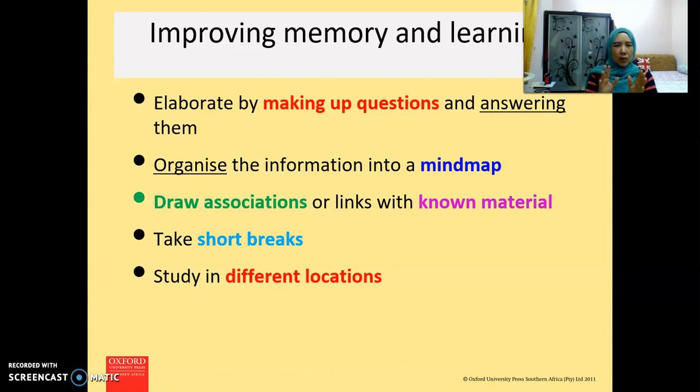Sometimes studying in your bedroom is more productive or more effective than studying in the library. Why? Because in the library you cannot eat, you cannot listen to music, you cannot talk to friends. So sometimes you want to take a break. So it's up to the individual if you want to study in different locations. But a short break is very important. It can refresh your mind. It can also help you to enhance your memory, and also draw association using mind maps.